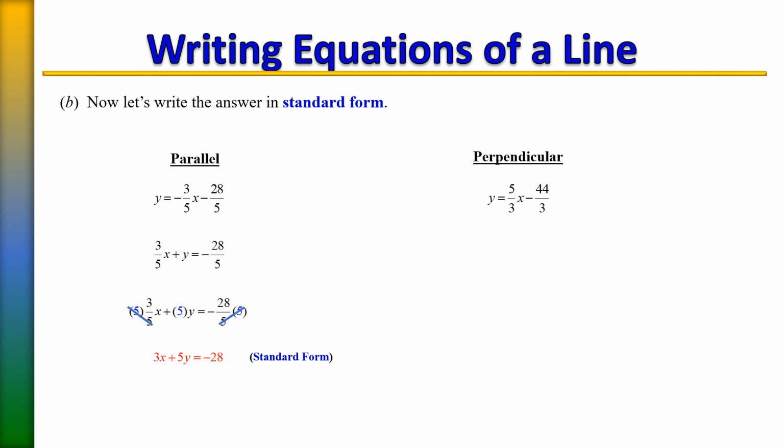Now let's move our attention to the perpendicular line. So to get that in standard form, we're going to go ahead and subtract 5/3 x from each side. Notice here that the coefficient of x is both a negative and a fraction. And if it is both, which violates standard form, instead of multiplying by a positive number, we're going to multiply by a negative number.